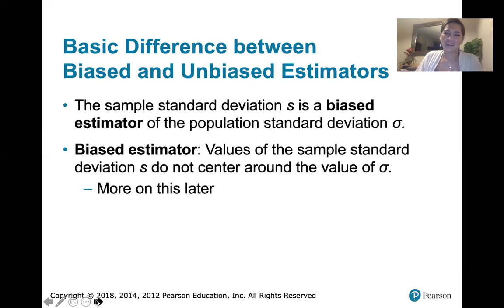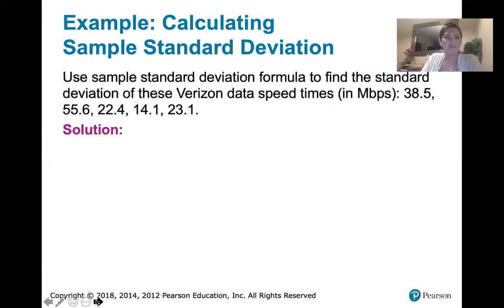That's why we call it a biased estimator. We would prefer to have an unbiased estimator so that as we continue to sample from our population and compute standard deviations, they would sort of group around the actual value that we're trying to estimate. That's not what happens here. So the sample standard deviation is a biased estimator of the population standard deviation.